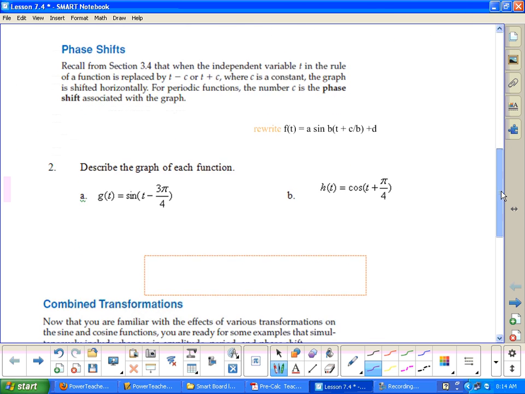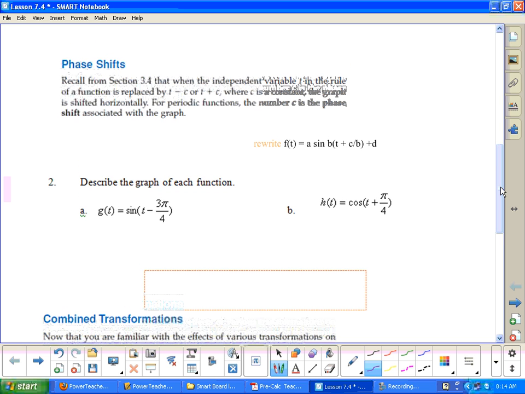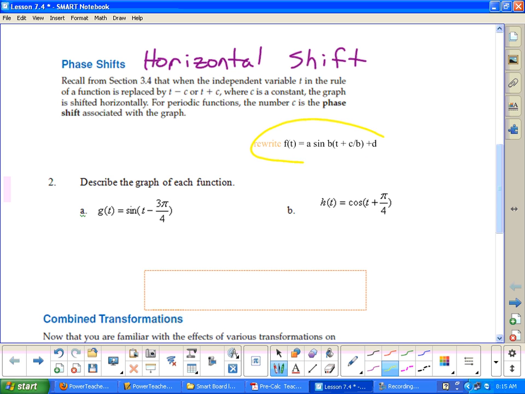Okay. Phase shift. Phase shift is our horizontal shift. So that's going to be our movement horizontally. We're going to rewrite every function we use, and we're going to look at this a little bit more in this form here.